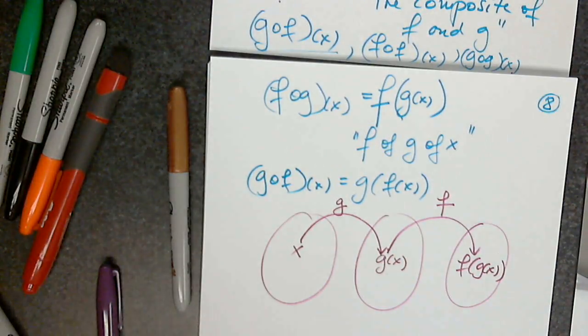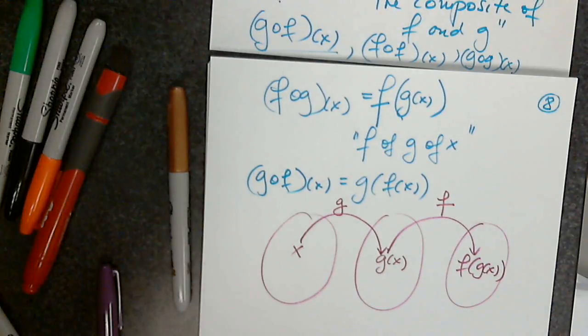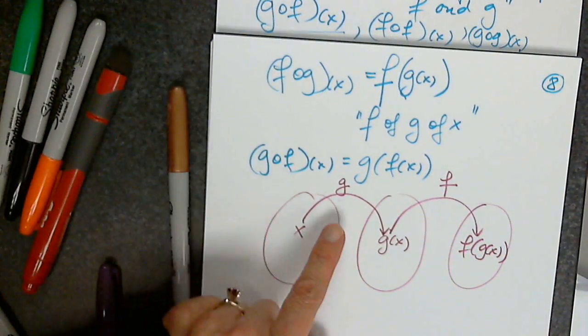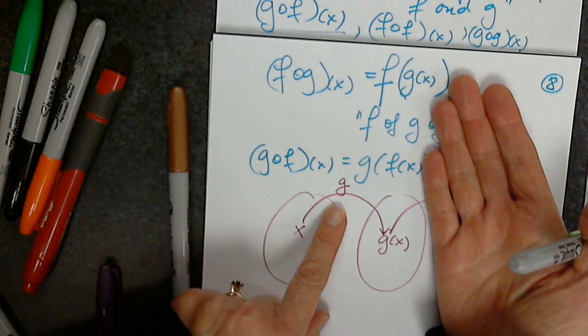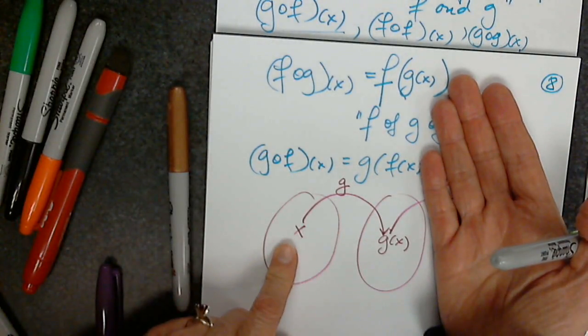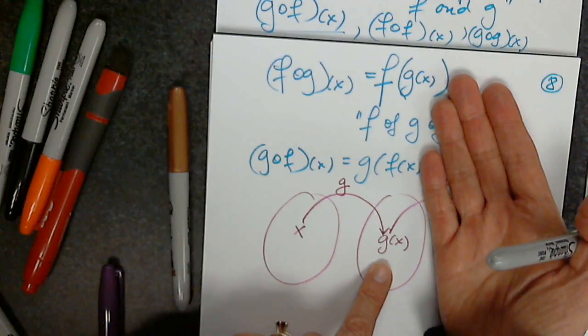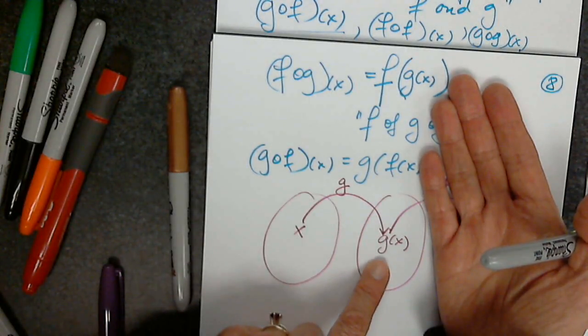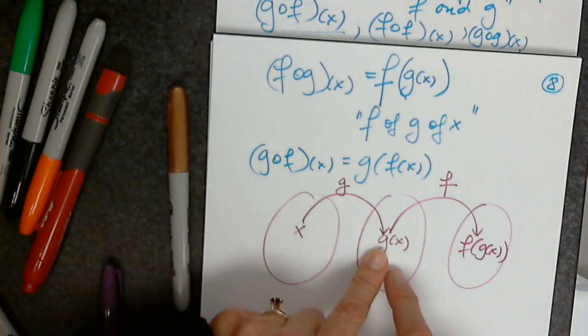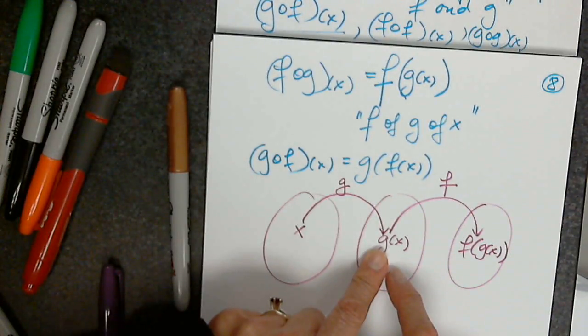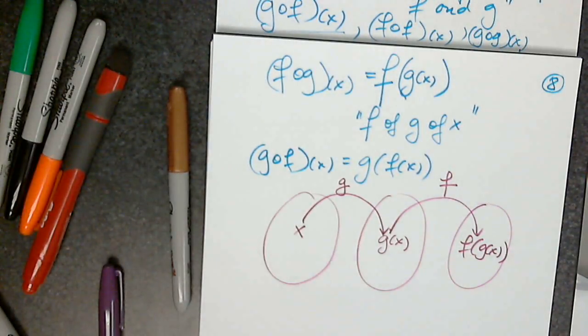But here's what could go wrong. For function g, this is its domain. What is this? Where the y values are coming from. Right. But this set is what for f? Right. So they may not work well together.